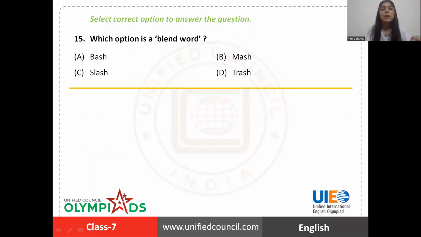Okay. Now, next one is very interesting. Which option is a blend word? So what are blend words? Sometimes there are words which are made by combining two words. Let me give you an example of a blend word first. One word is breakfast, another word is lunch.